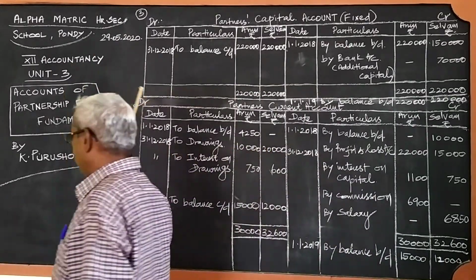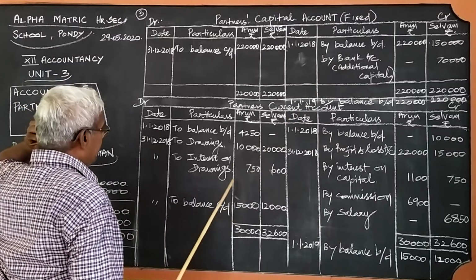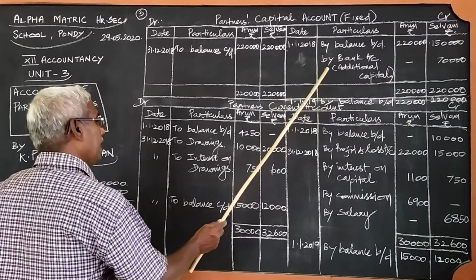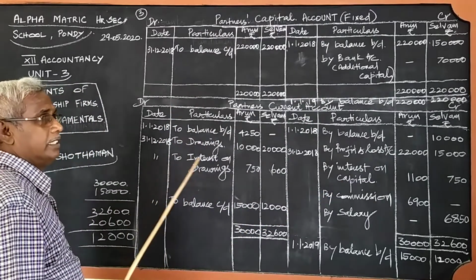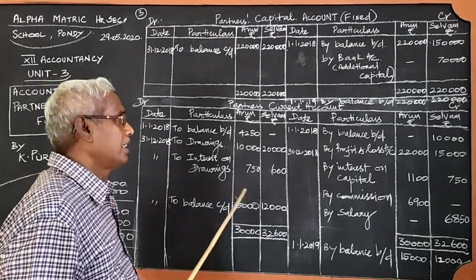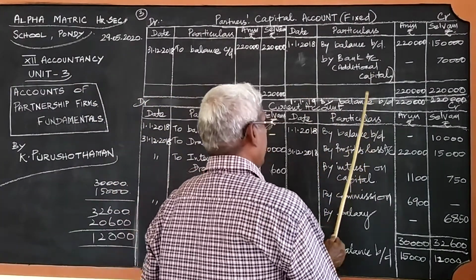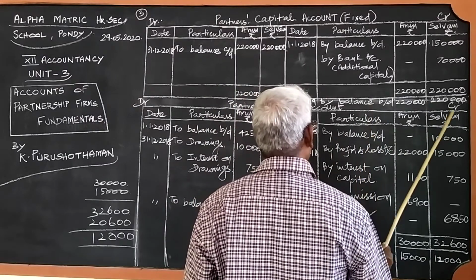But in the second part, other than these two capitals, the rest of the items should appear under the current account. The income will appear on the credit side, the expenses on the debit side. Before that, there is a current account balance given. For Selvam, it is a credit balance, and therefore by balance brought down, it is written on the credit side.